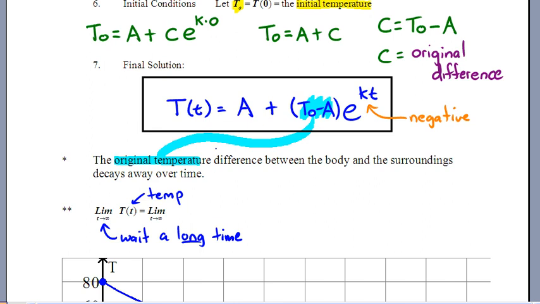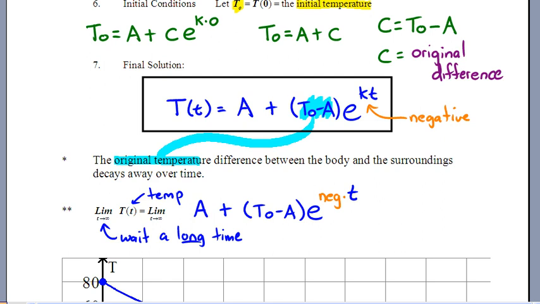Looking at the big equation in this black box, we're trying to do the limit of room temperature, that's a constant, plus this original elevation, how much we are originally warmer than the room, and then this e to some negative number, k is negative, multiplied by t.